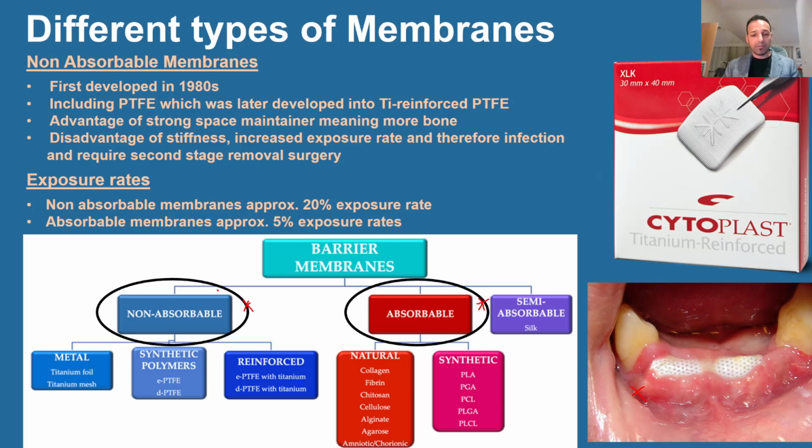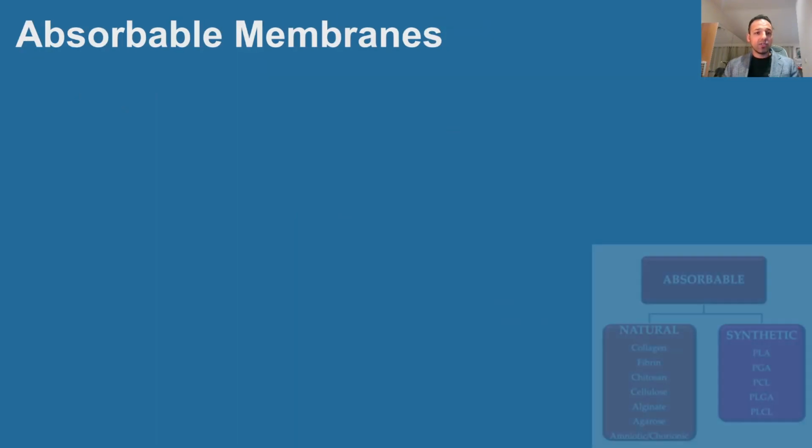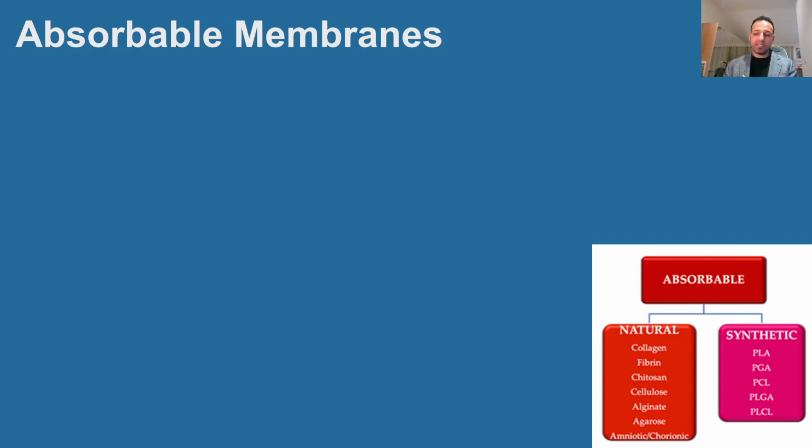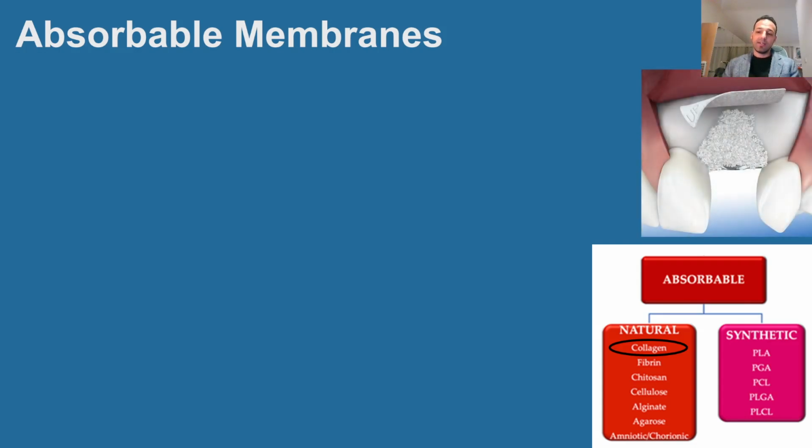So let's talk about absorbable membranes now. Within absorbable membranes, we can see that there's so many options here within the natural ones as well as the synthetic ones. But within the natural, we're going to talk about collagen today because this is the most common one. And as you can see here, we've got a bone graft down. And this is a membrane, particular brand often tells you where the up portion is, because the bottom portion is rough.